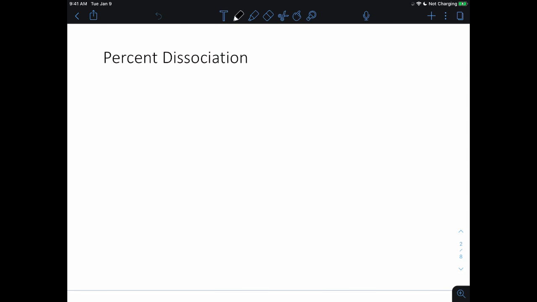So what you'll see when you hear the term percent dissociation, it's how much breaks apart. And we know for weak acids and weak bases, that's a very small amount, hence their definition of being weak. Whereas for a strong acid or a strong base, that percent dissociation is 100%.